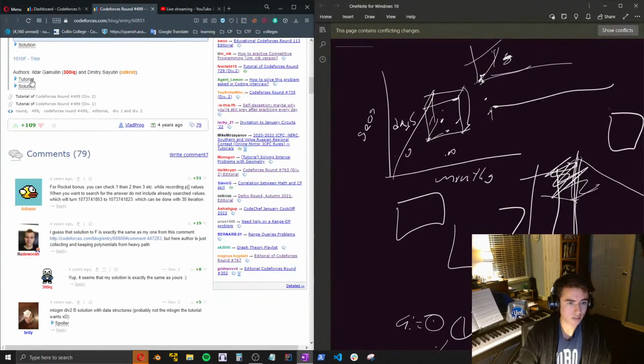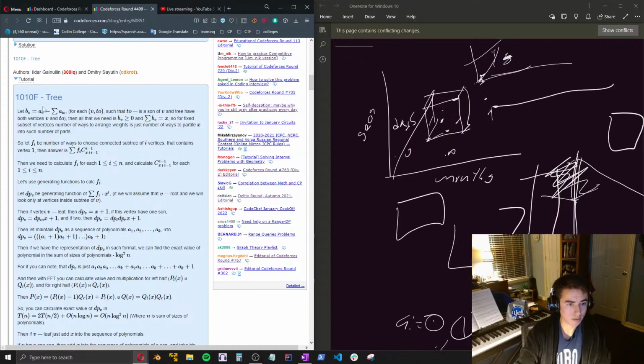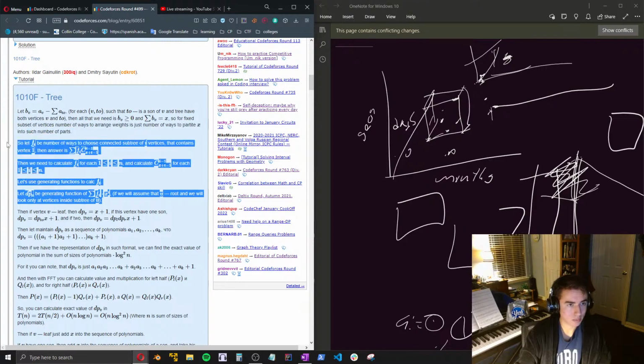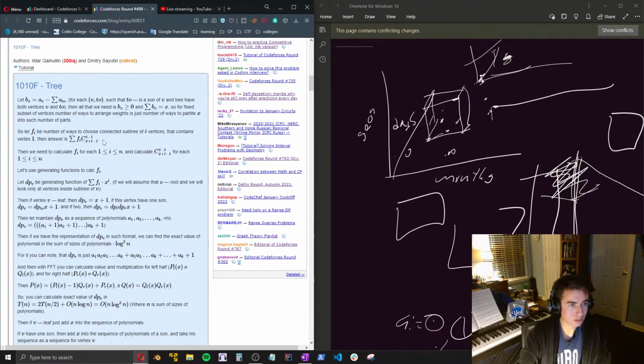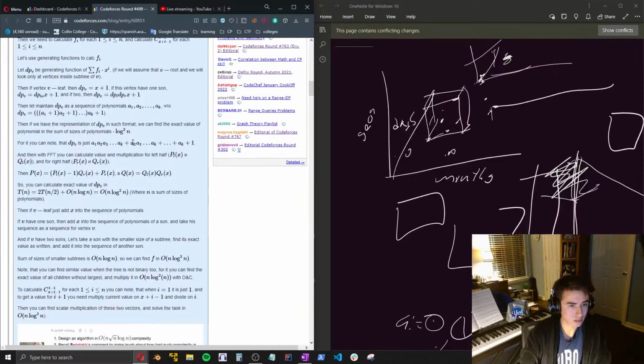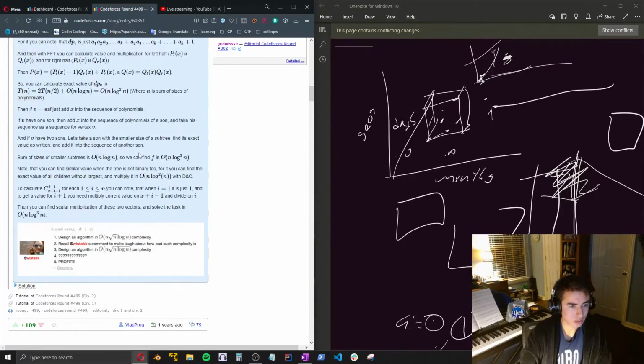And then F. So indeed, it's some generating function. Well, this looks complicated.